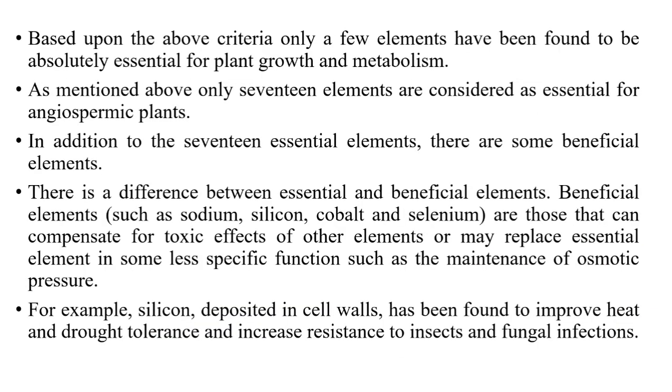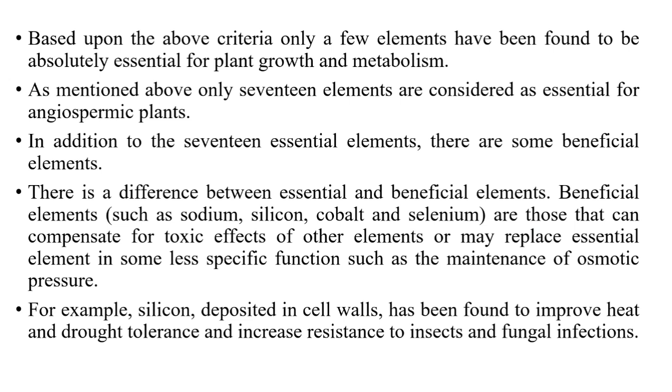So based upon these criteria, only a few elements are found to be absolutely essential for plant growth as well as metabolism. As mentioned above, only 17 elements are considered essential for angiospermic plants. In addition to the 17 elements, there are some beneficial elements also, like sodium, silicon, cobalt, selenium.